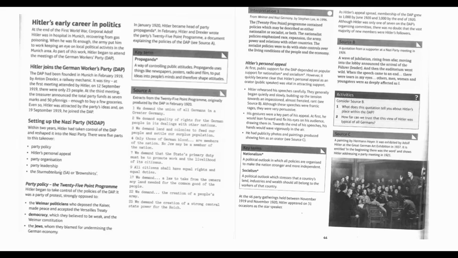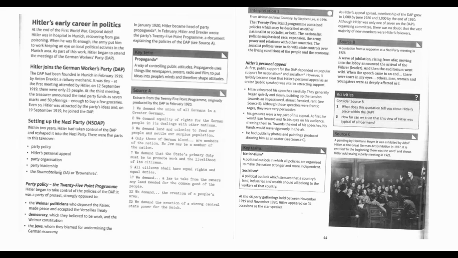So if you were the first member, you were actually member 501, and the second member was 502, and so on, to make it seem like there were more people in the party than there actually were. So you can see that Hitler was crucial, and that they were a small party.